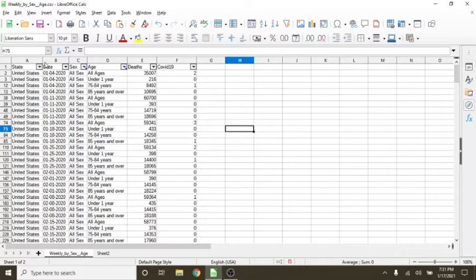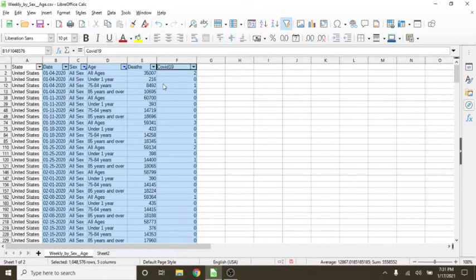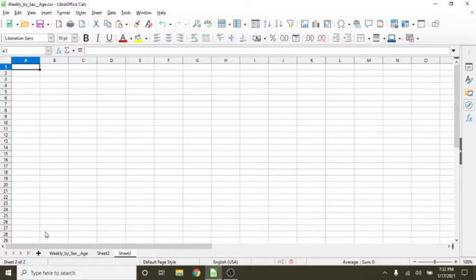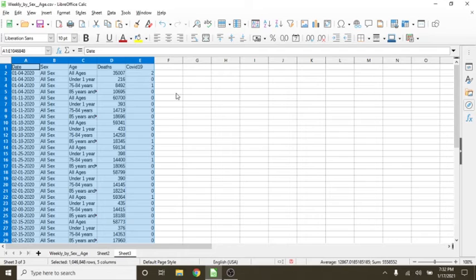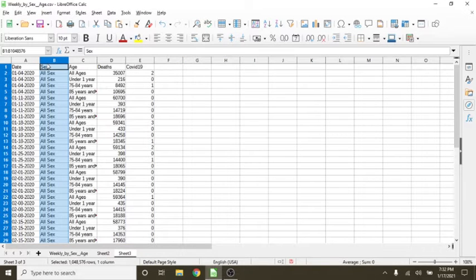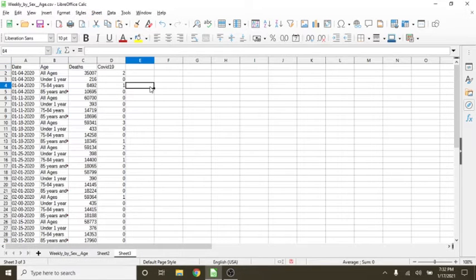Okay, so now let's take all these over here. And again, we don't need sex, so delete column. What we want to know is which percent, and of course we know which age group it is, that's not really the issue here.